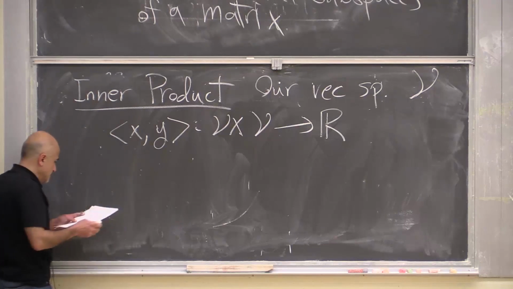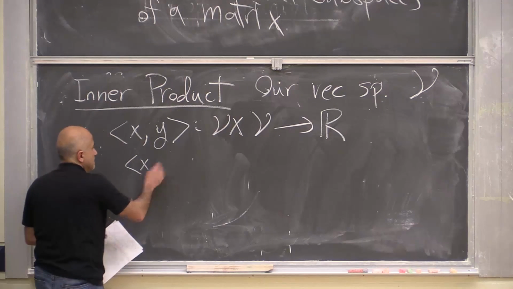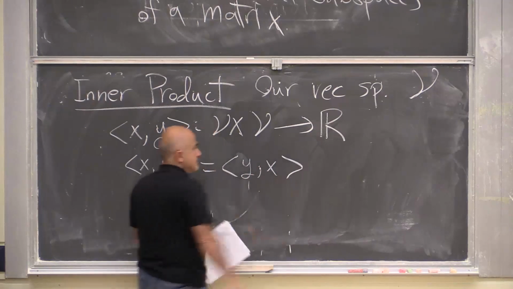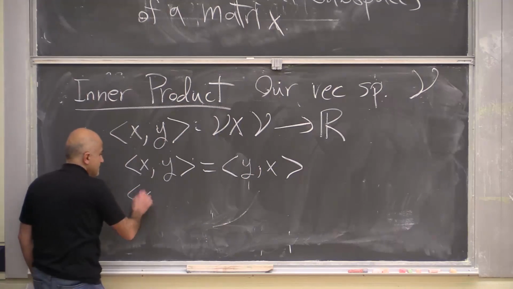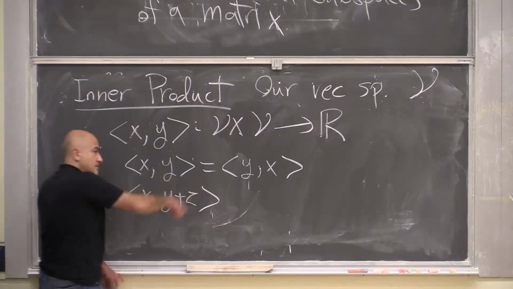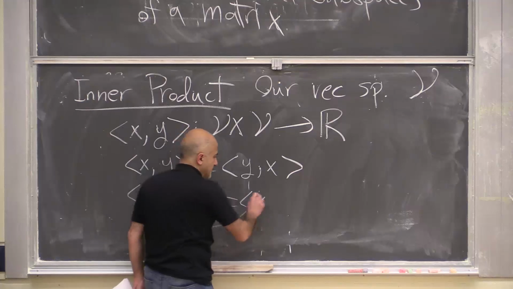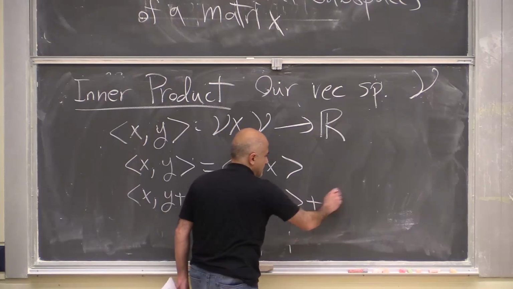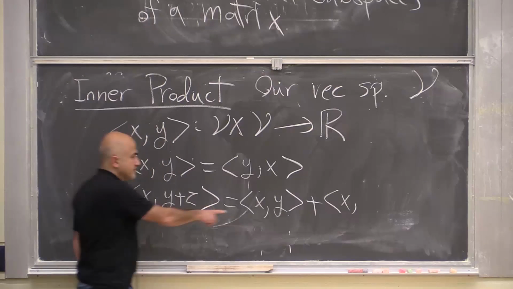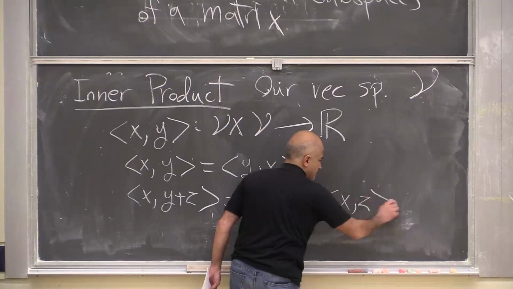And the inner product has certain properties. For example, we have commutativity. We have distributivity. So if I take the inner product of x with the sum of a couple of vectors in my space, that's the same as saying that I can take the inner product of x onto the first one, y, and the last one, z.